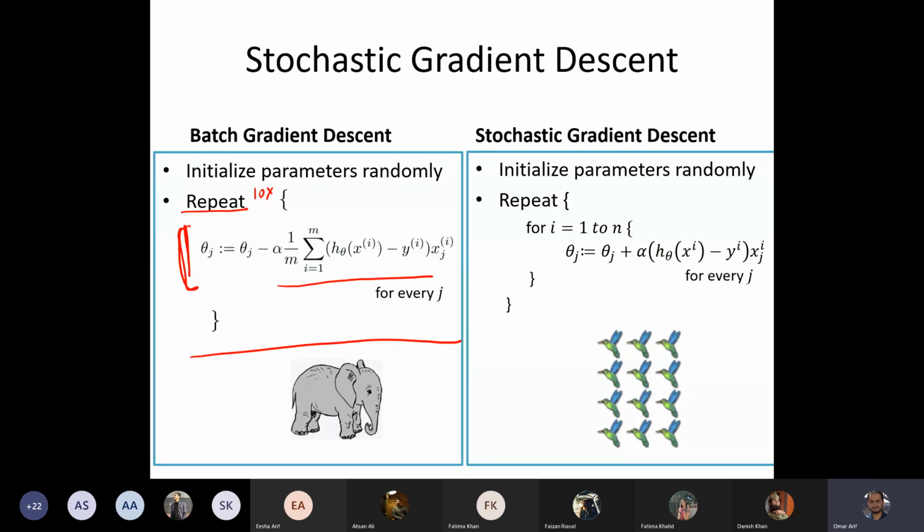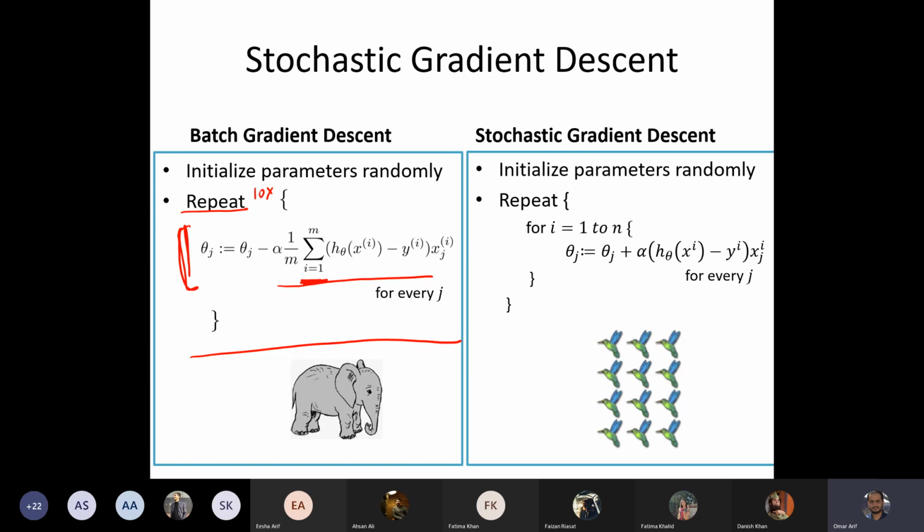As we discussed last time, this creates a problem because if you have a lot of examples, for example, if m is 1 million, you have to do this summation 1 million times before you get an update, and that you will have to do for each iteration.